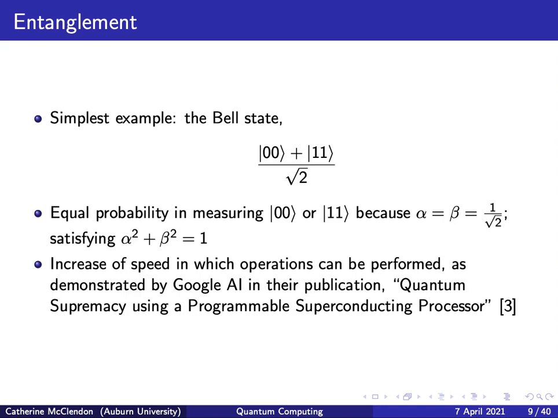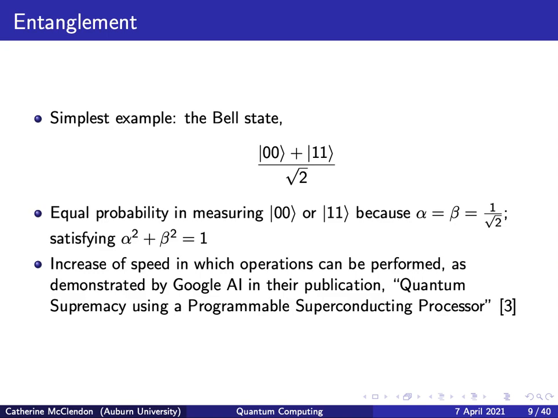Suppose that the first qubit is measured to be a 1, which implies that the second qubit must be a 1. So here, measurement of the first qubit altered the probability distribution of the second qubit because the state was entangled.